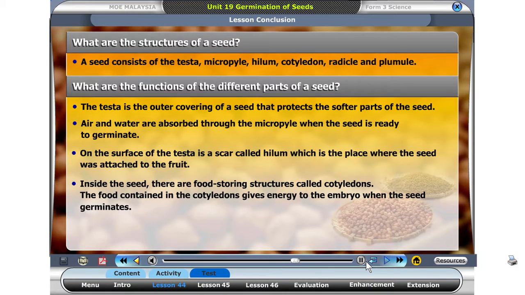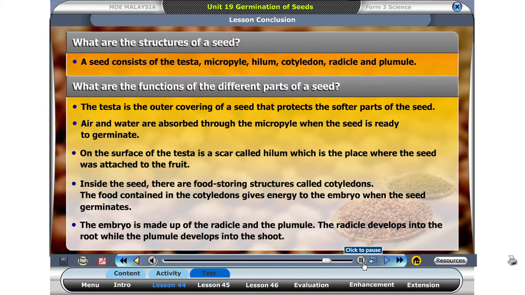Inside the seed, there are food storing structures called cotyledons. The food contained in the cotyledons gives energy to the embryo when the seed germinates. The embryo is made up of the radicle and the plumule. The radicle develops into the root, while the plumule develops into the shoot.